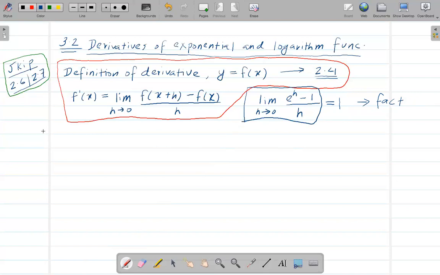Now let's say we have a function f of x equals e to the power x. This kind of function is called an exponential function.